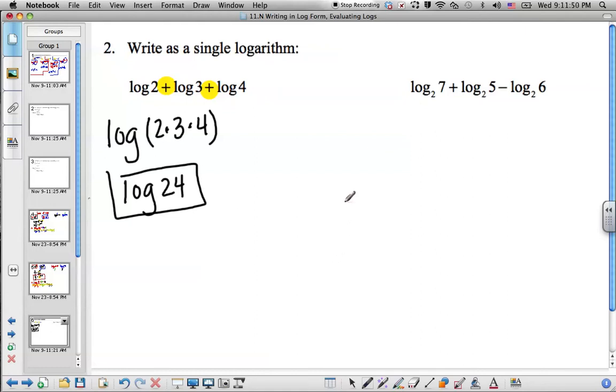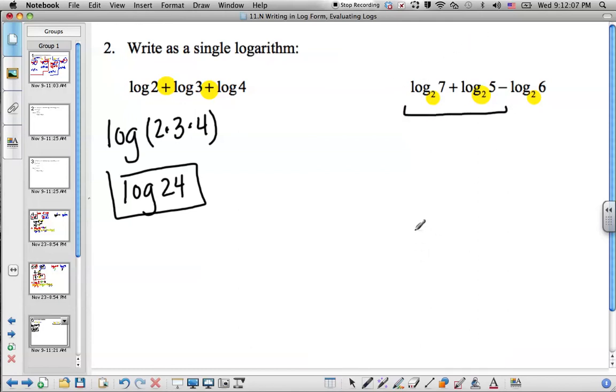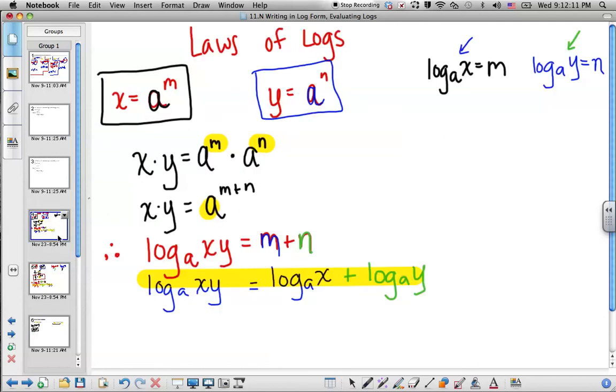Okay, now let's look at this one. We have the same base, log base 2, and log base 2. Since they are all the same base, we can combine them using the laws of logs. We know, to start off with, we always work left to right. If we have two logs that are added together, we'll look back here. If two logs are added together, we can combine them by multiplying x and y.